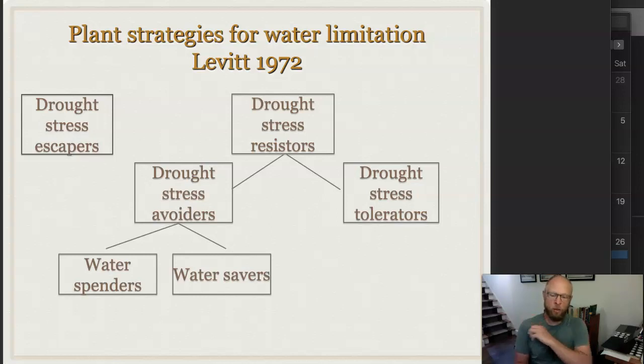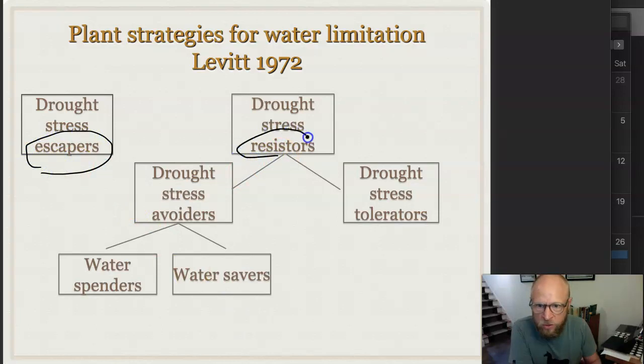So although what I'm going to present to you today is specific to drought, there are these words here such as escapers, resistors, avoiders, and tolerators.